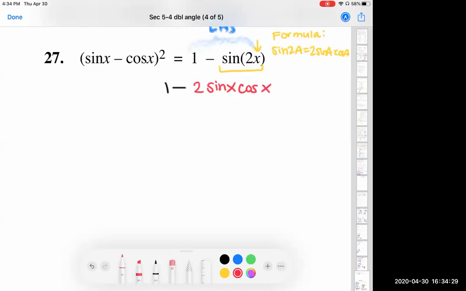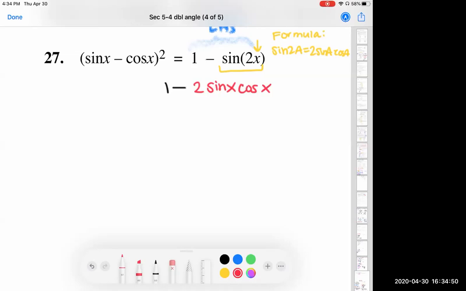All right, and that's all I can do so far with sine and cosine. So now I'm kind of stuck. I don't know what I can do. It's written in terms of sine and cosine, so that step is checked from our list.